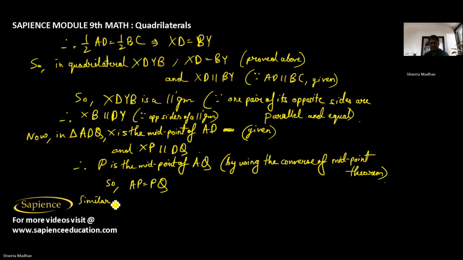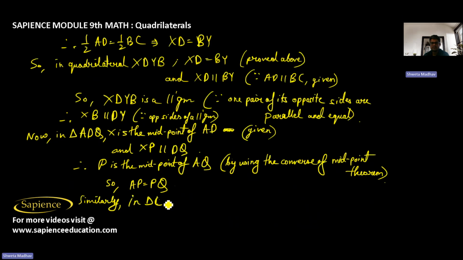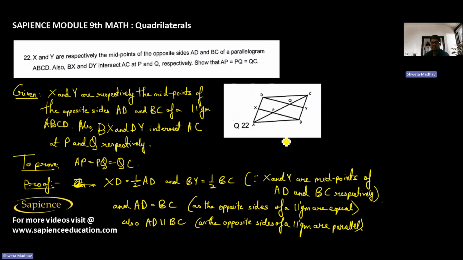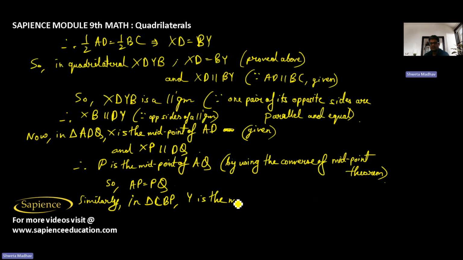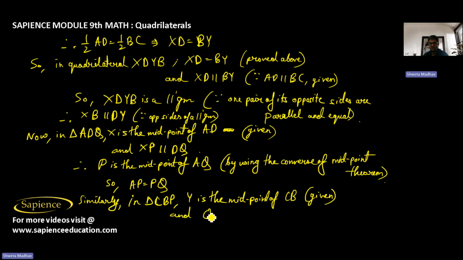Similarly, we can see that in triangle CBP, Y is the midpoint of CB, which is given, and QY is parallel to PB, proved above, since XB is parallel to YB.